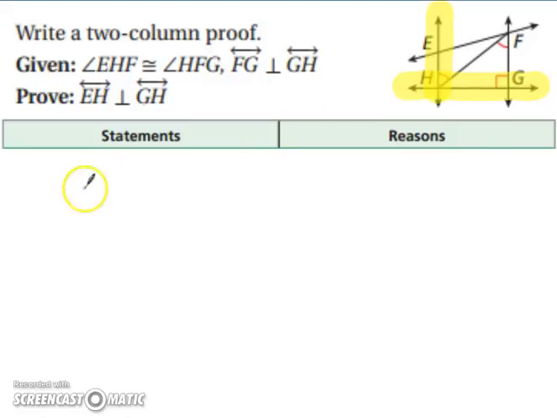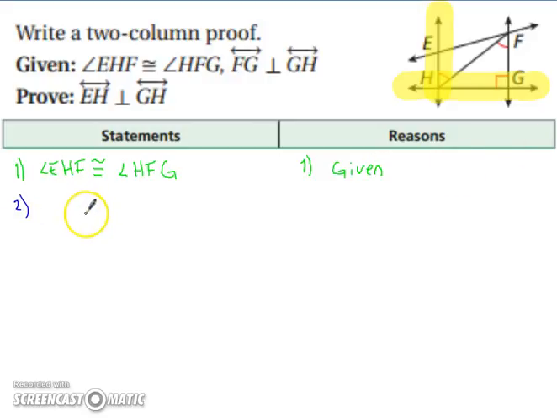Let's start with our given. We're starting with the fact that angle EHF is congruent to angle HFG, and we know that because they were nice enough to give that to us. So, given.